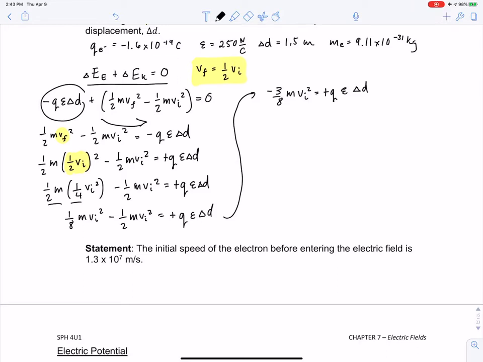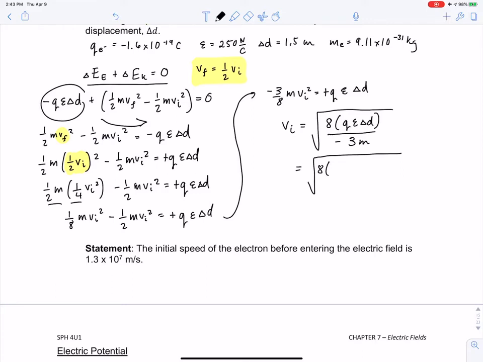All right, let's solve for vi. It's equal to the square root of 8 times Q epsilon delta D divided by negative 3m. We can sub and solve.